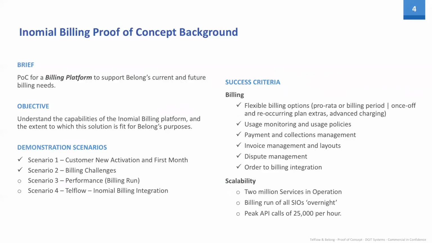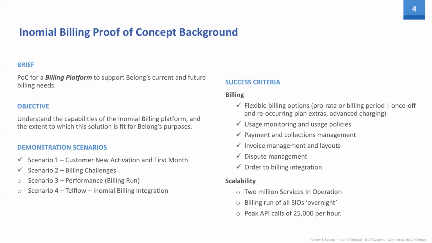So policies is a word that is part of the Inomial billing platform, and that's really to give you the functionality to react on something happening. So usage is probably one of them. If something happens, send a message, or if something else happens, do something else. All those are policies in billing land, in our billing land at least.